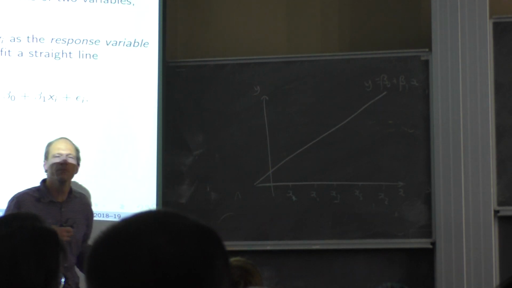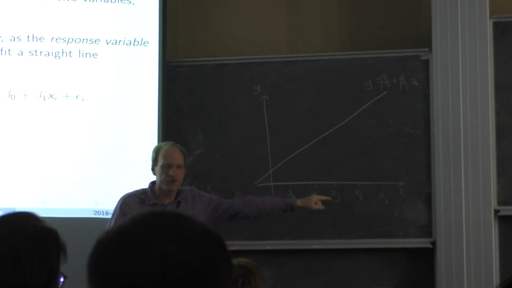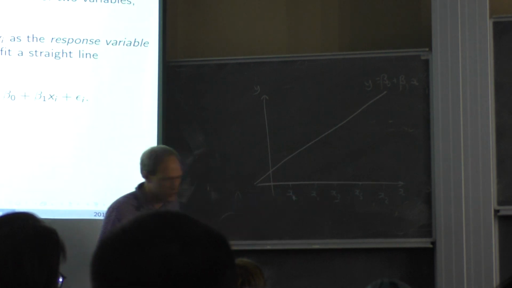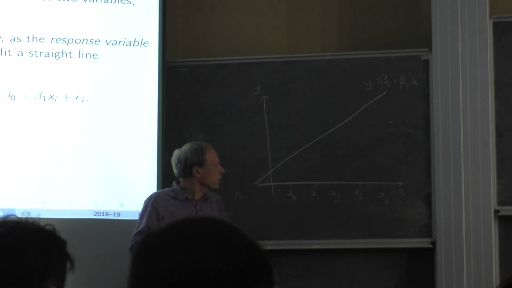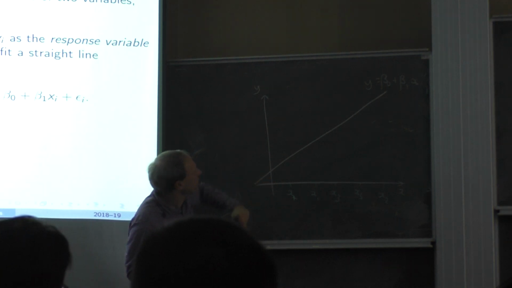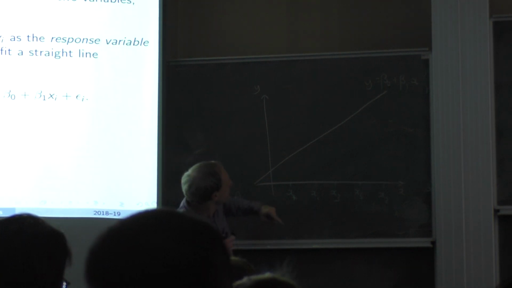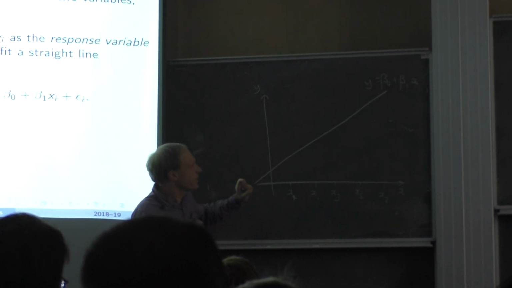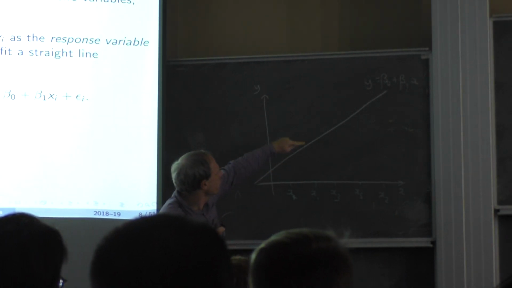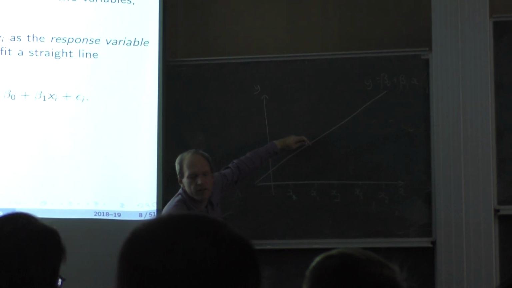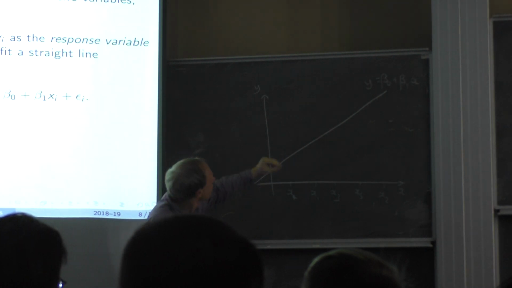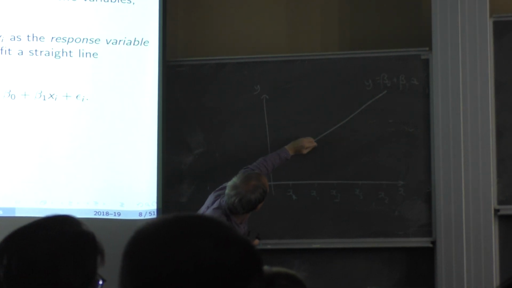They're not necessarily going to be in order, so that's why I put them in some strange order at the bottom here. And then for each one of these points, we expect to get a y value. Now that y value, we expect to be on or near this line. So for x1, we expect our y1 to be somewhere close to this line. So let's make it a little bit below the line.